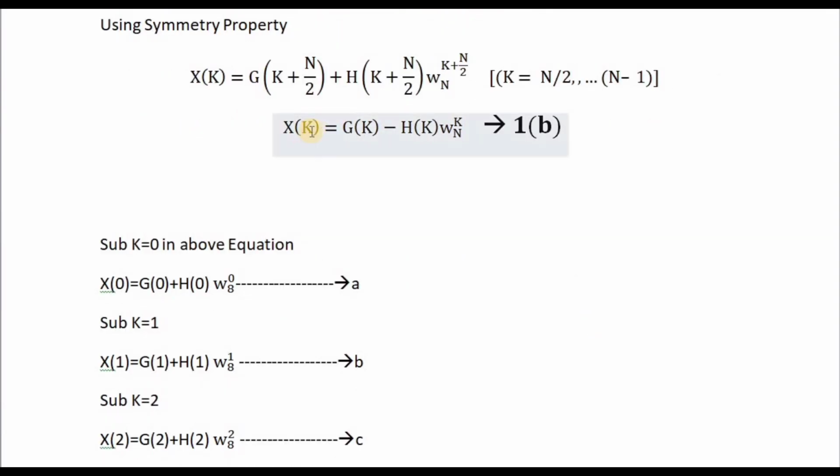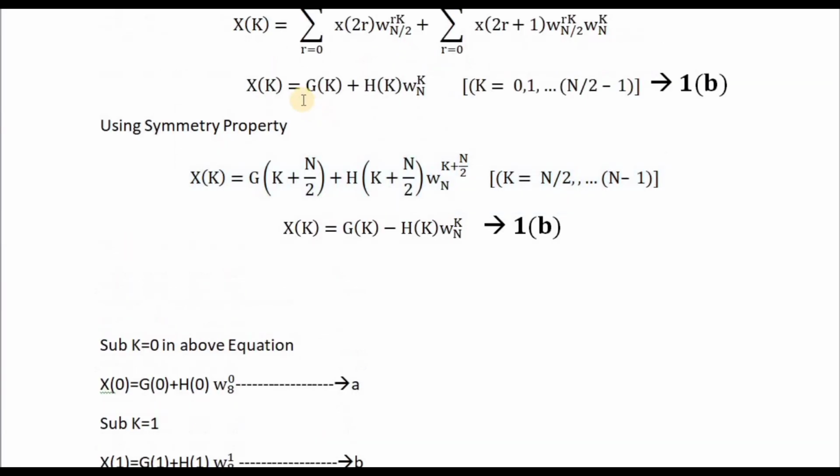I am going to substitute the k value from 0 to 7. If I substitute 0, I will get g of 0 plus h of 0, W_N of 0. Here capital N value is 8.